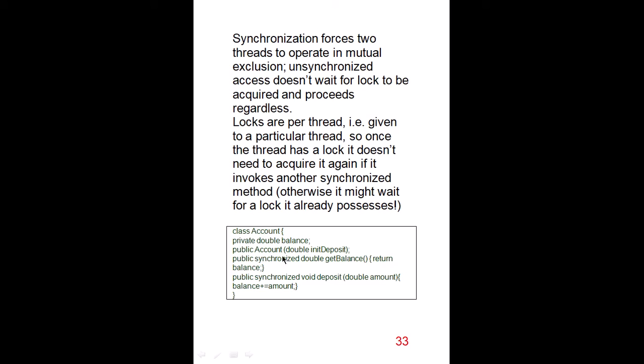There's a synchronized method called getBalance, which returns a double, and it simply returns the balance. And we've got a second synchronized method, deposit. You can deposit a particular amount simply by taking the balance and adding the amount to it.